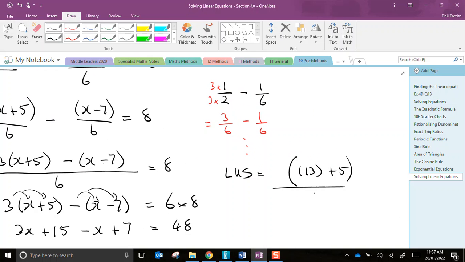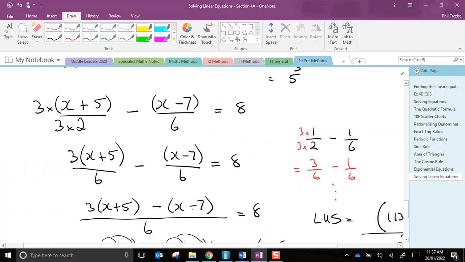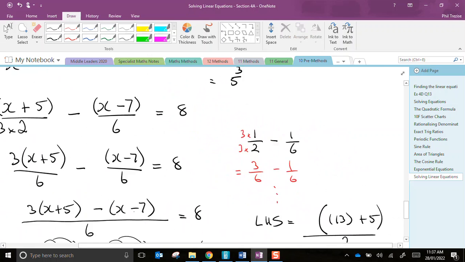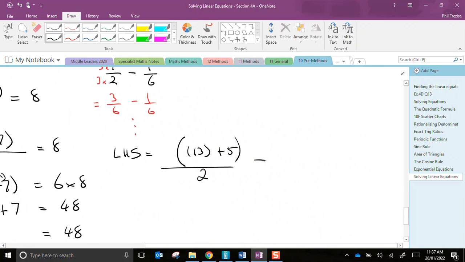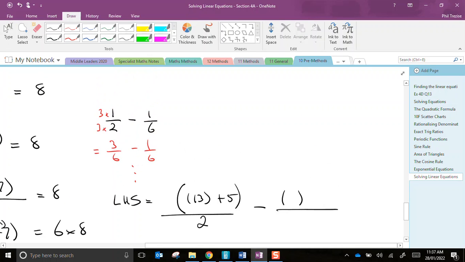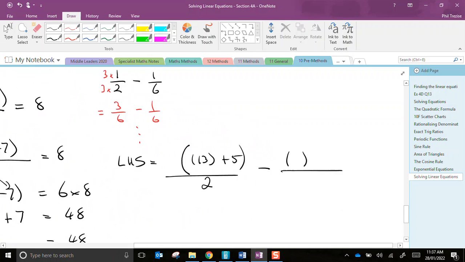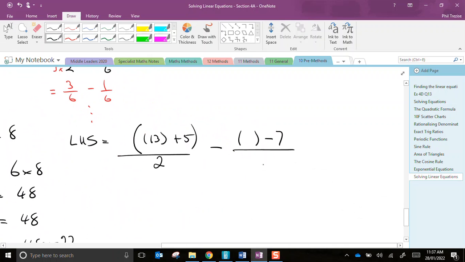There was divided by 2 originally, wasn't there? The original one there was x plus 5 divided by 2. Subtract x take 7 divided by 6. Sorry, I've made a bit of a mess of this one, haven't I? But that's looking a bit more like it, where x had the value 13. That looks a bit neater.